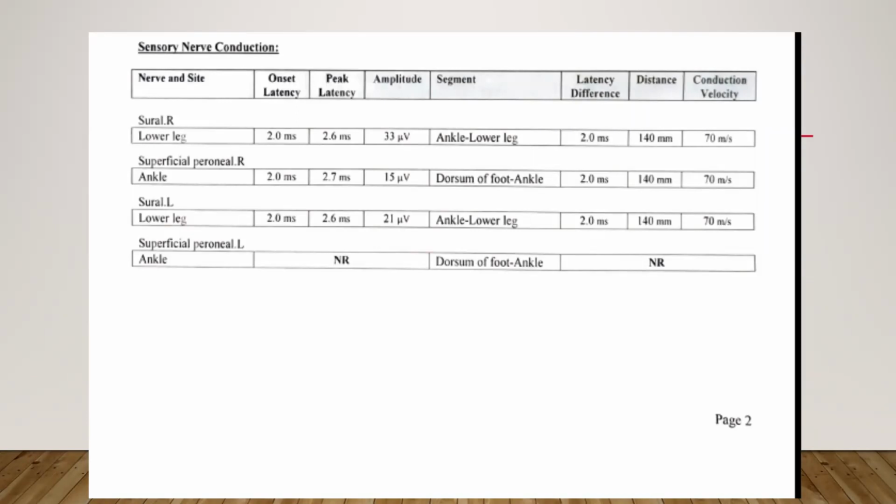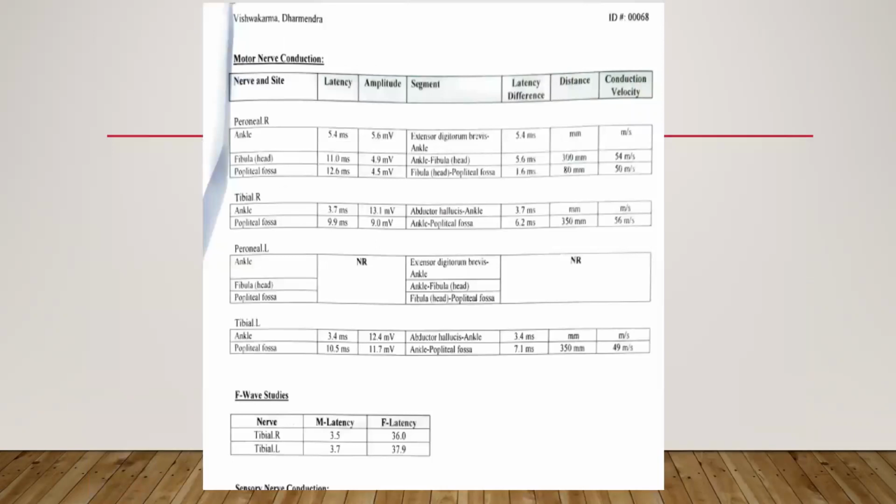Okay. So from this, what will you report this as? Ma'am, left common peroneal neuropathy. It's a neuropathy because superficial peroneal nerve SNAP is absent. Okay. And you have a CMAP which is impaired of the left peroneal. It is absent.